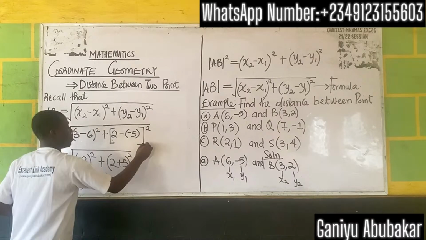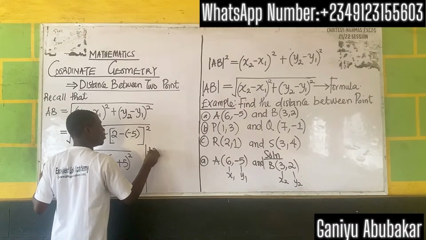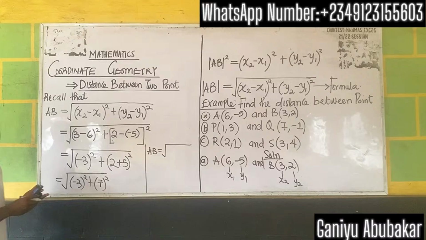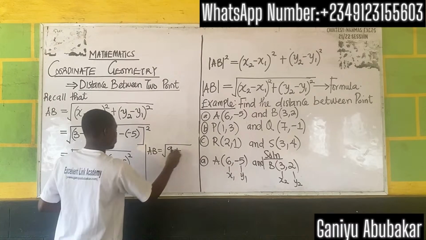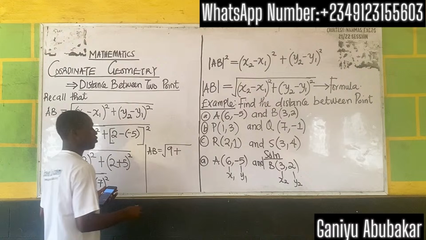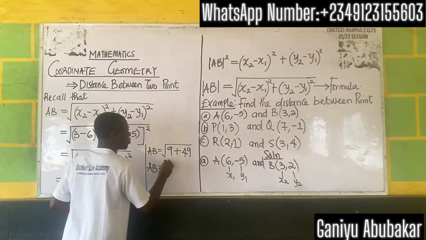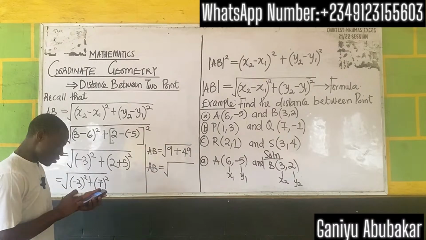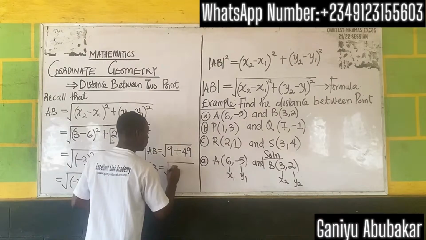Alright, from here, the distance between point A and B will be equal to the square root of negative 3 squared. That gives you 9. Alright, 9 plus 7 squared gives you 49. So the distance between the points A and B will be equal to the square root of, if I add 49 with 9, that gives you 58.